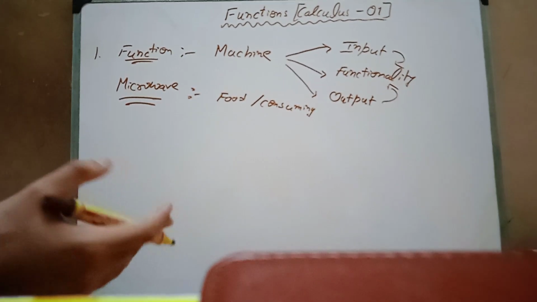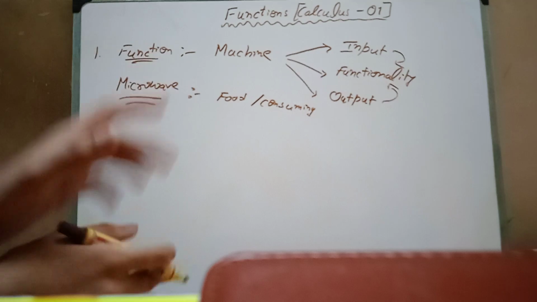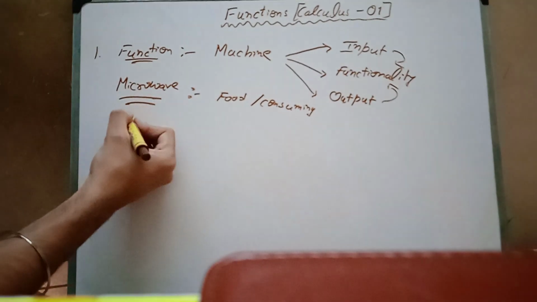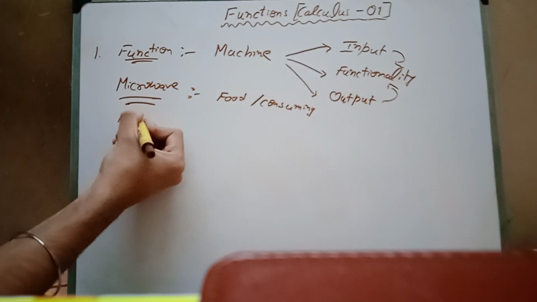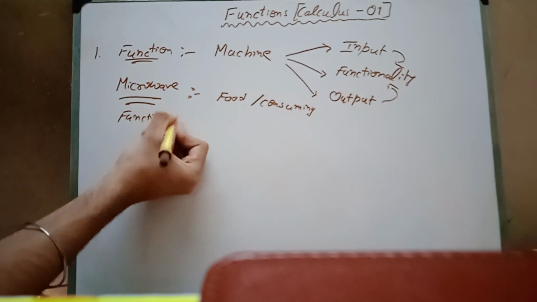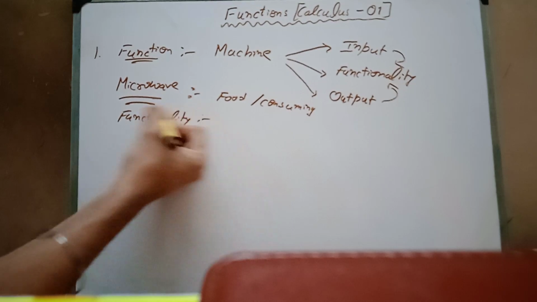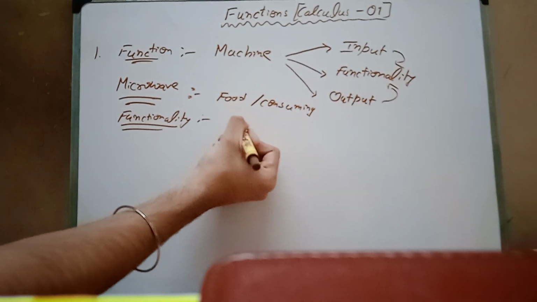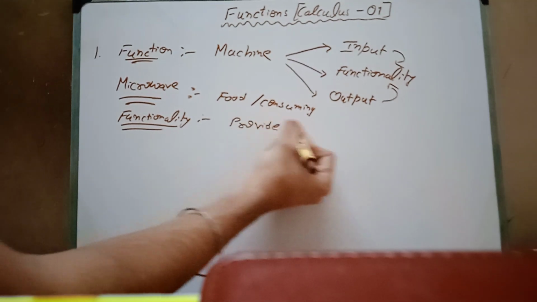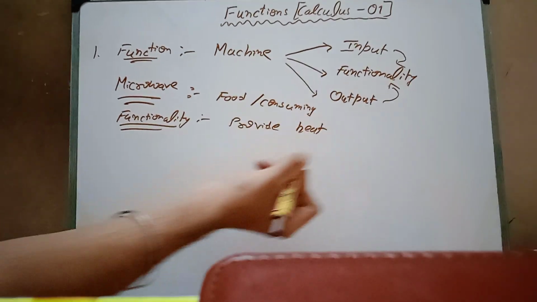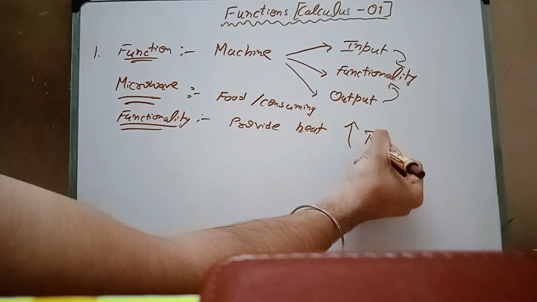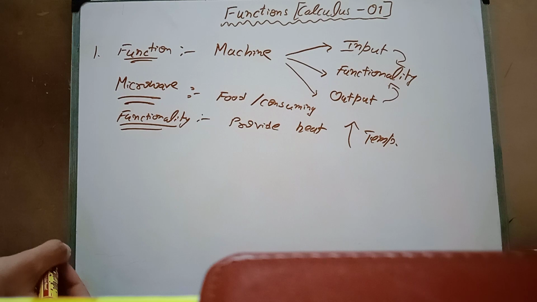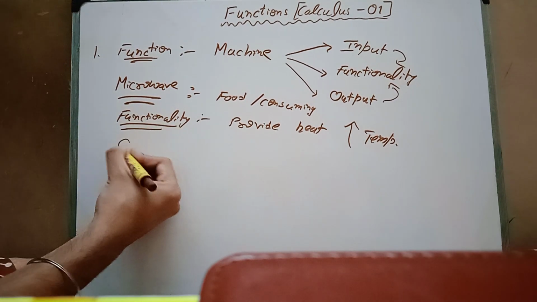Some particular kinds of things are put in the microwave. And its functionality is what? The basic character of a microwave is to provide heat, or increase the temperature.